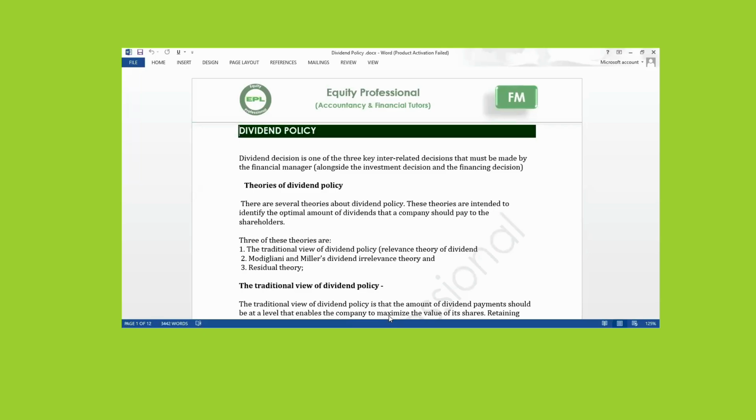Is dividend payment mandatory? Would dividend payments affect a company's value? What is the appropriate amount of dividends, or appropriate percentage, the company should pay its shareholders?